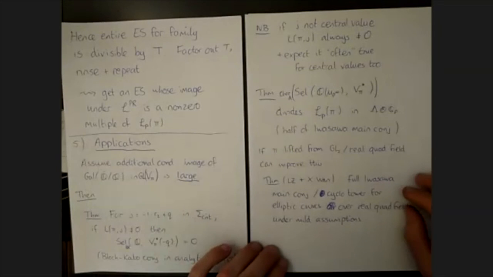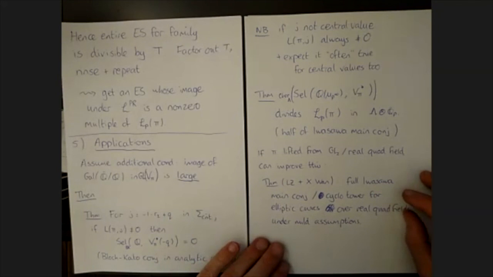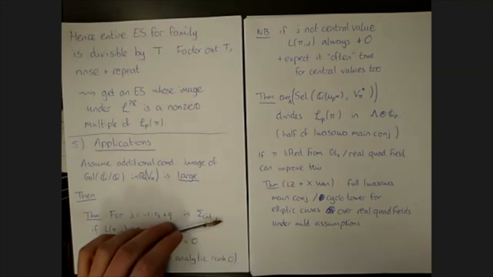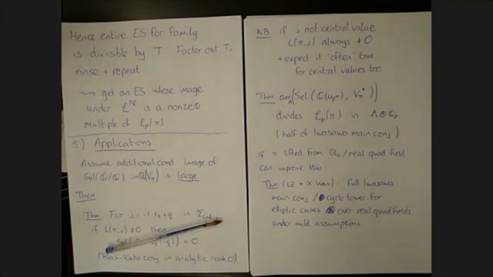So, for instance, if you apply this to one of these lifts from an elliptic curve over a real quadratic field, you would get some kind of integral comparison between the period for the GL2 over F and the periods for its lift to GL4 over Q.